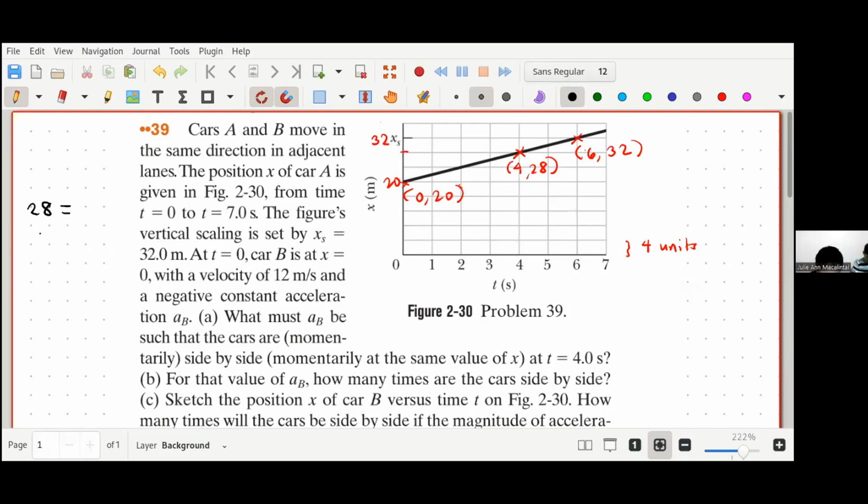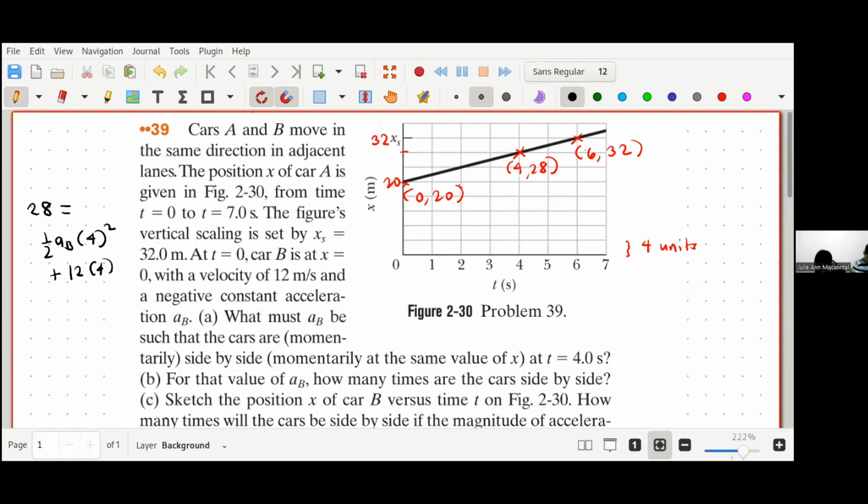Okay, so 1/2 A sub B. Tapos, ang T natin dito ay 4. Opo. Tapos, plus, kailangan natin yung initial velocity. So, sabi dito, at t equals 0, car B at x equals 0 with velocity 12 meters per second. So, 12 times 4.